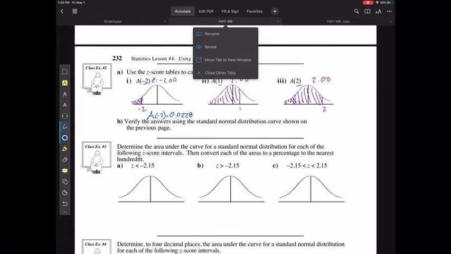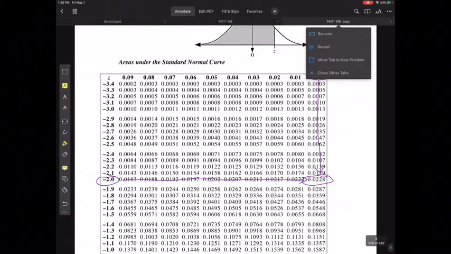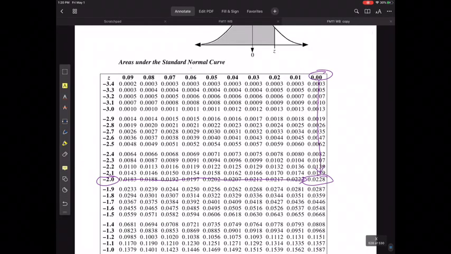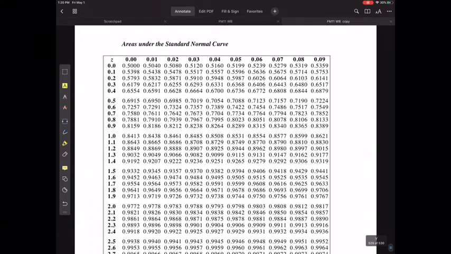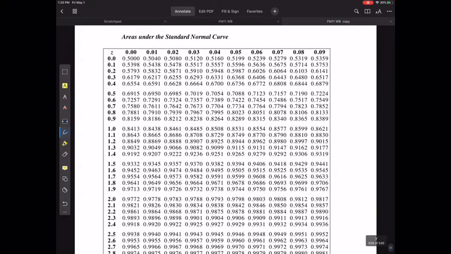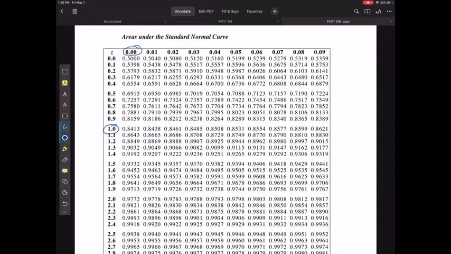For +1, I'm going to have to go to my positive z-score table on the next page. I'm going to start with 1.0, and then the hundredths placement of 0 as well, which on the positive side is in the first slot. I'm going to follow straight to the right, straight down, and that's what I'm going to get.